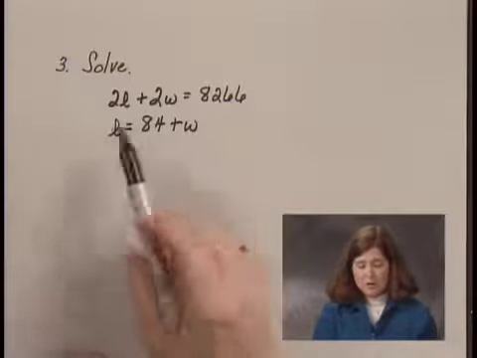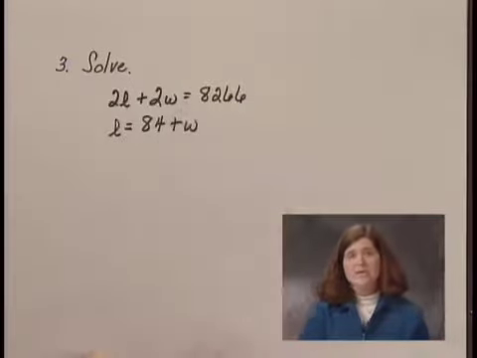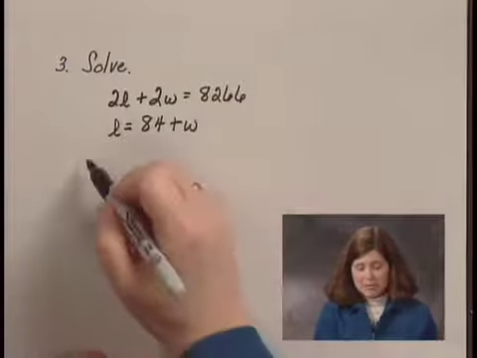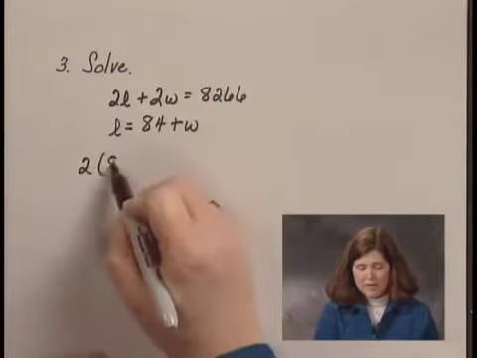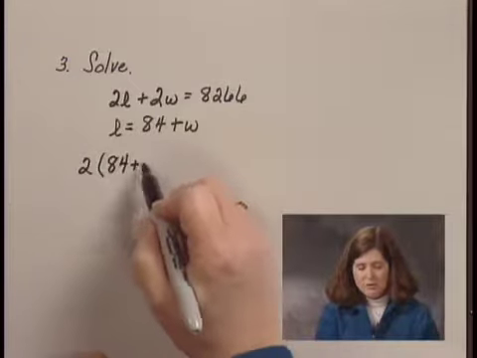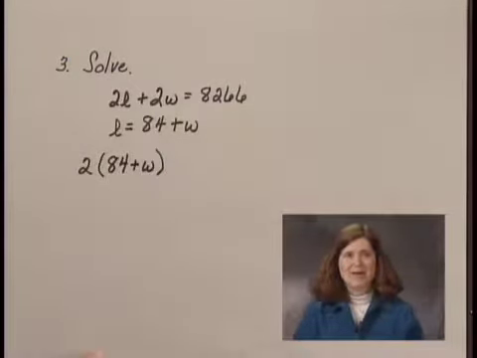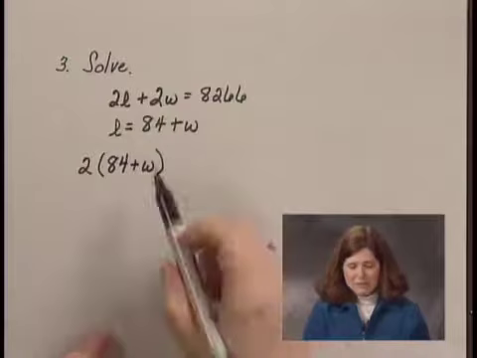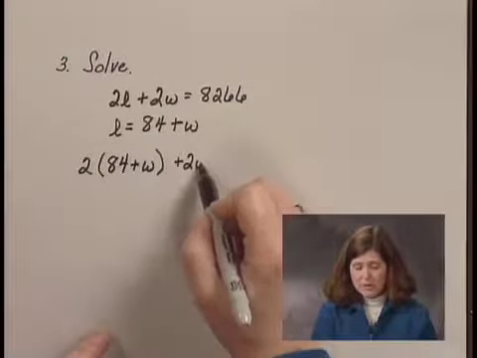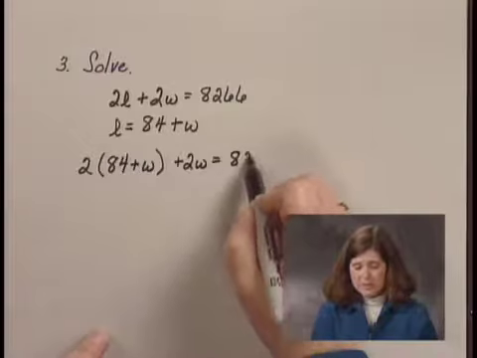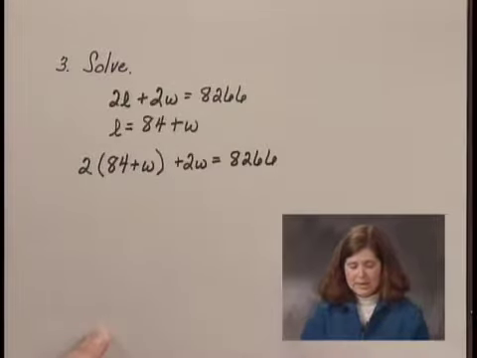So my first equation, 2L plus 2W equals 8,266, becomes 2, and instead of L, I write 84 plus W. Being careful to put parentheses so that I substitute correctly. And then I write the rest of the equation. Plus 2W equals 8,266.